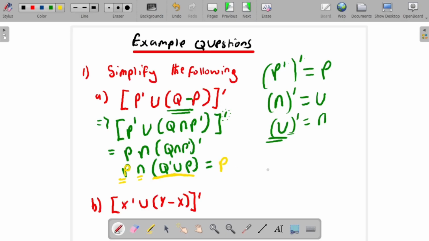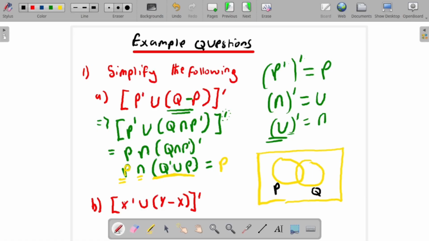Even if we try to shade this set like that, let's try to shade to illustrate it in the Venn diagram. Maybe it might make sense. We've got this set and that set. In this case, we have got P and we also have got Q. So in short, what we have here is they're saying Q complement.